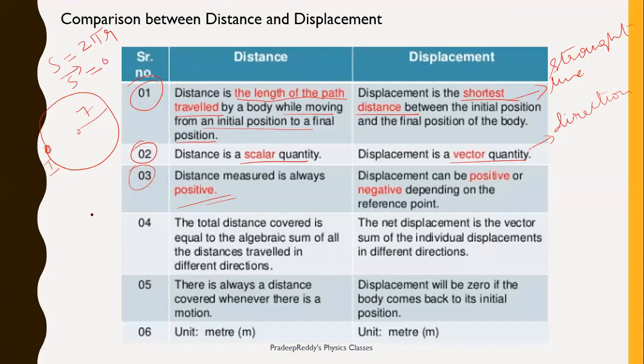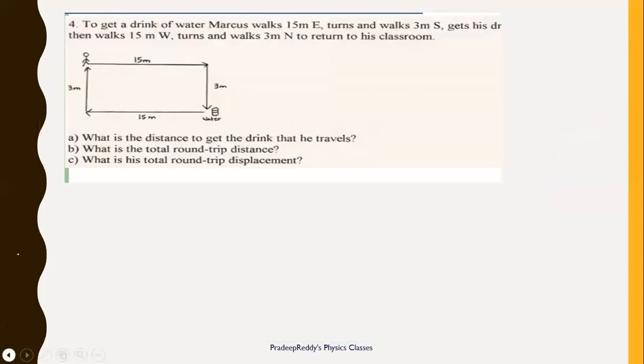Similarly, for example, if you are starting at this point, you have come over here and finally you are reaching this position, right? In this case, distance is positive. Now, if this is along the x-axis and this is the origin, this is along the positive x-axis and this is along the negative x-axis, right? One is positive and the other one is negative.